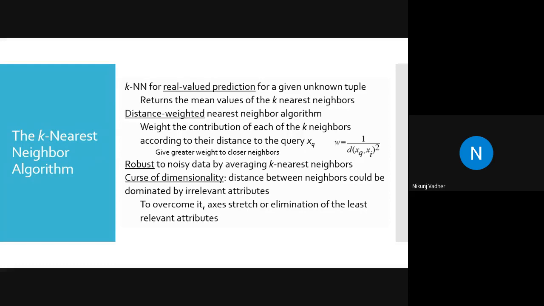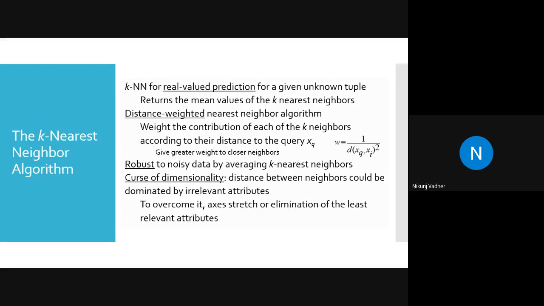There is an equation for assigning weight. Weight will be 1 divided by the distance between the object and the sample. If the neighbor is closer, then the distance will be lower, so the weight will be higher.